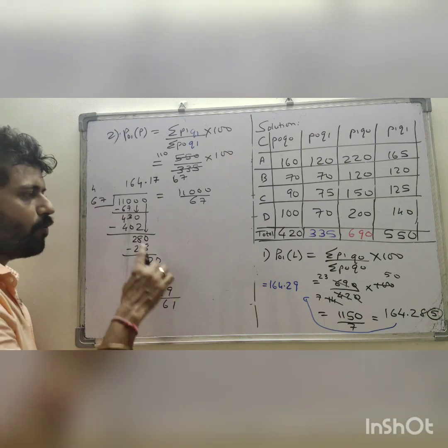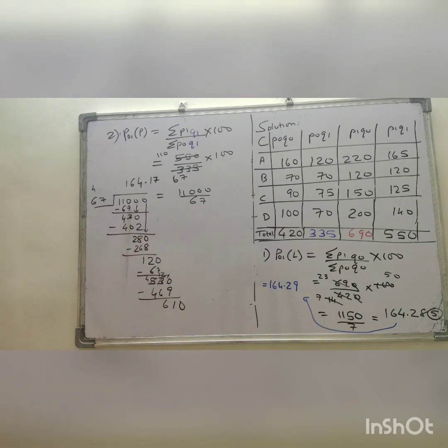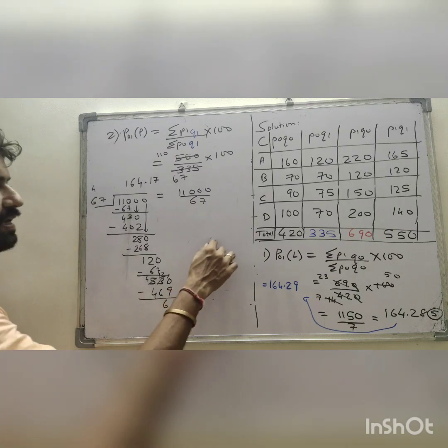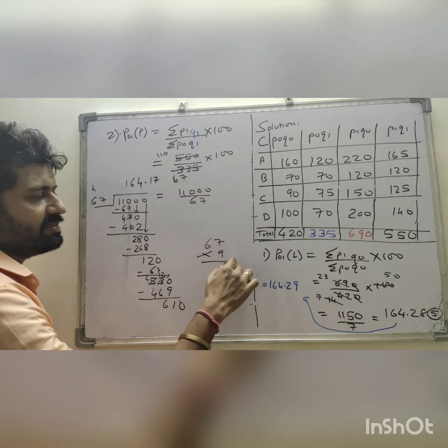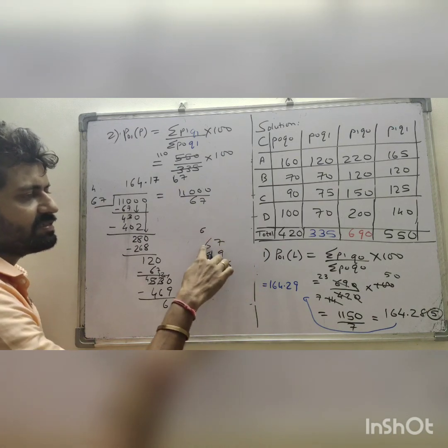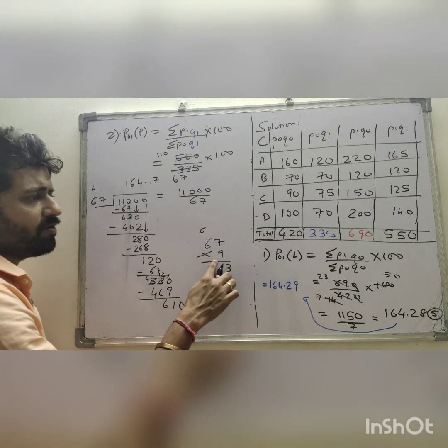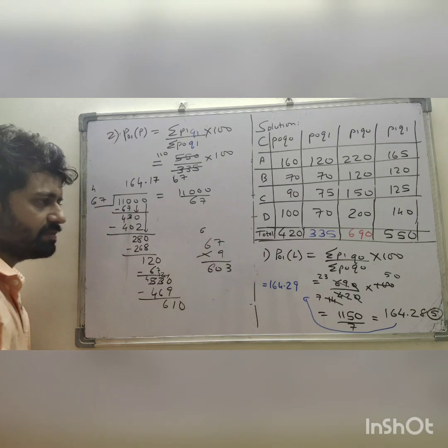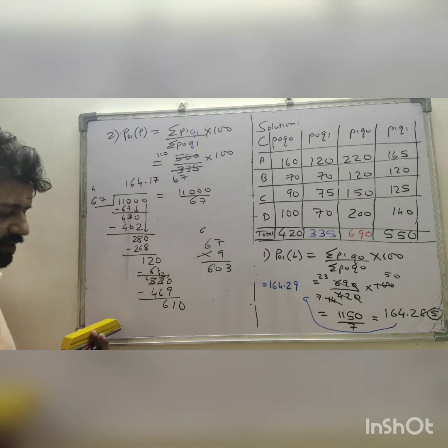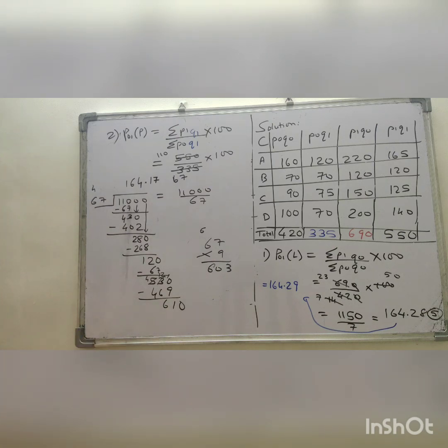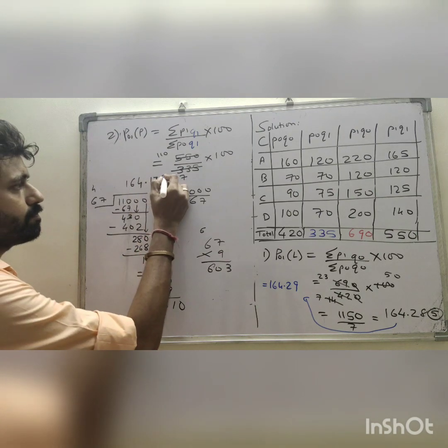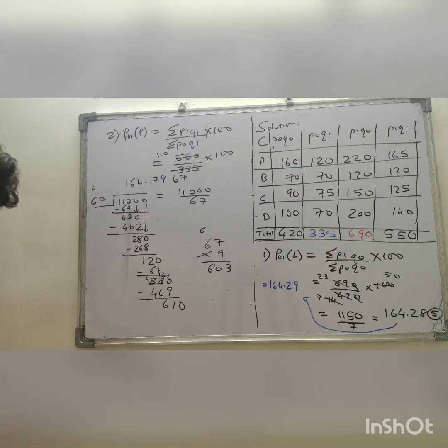We have a decimal, so use one more 0. This time, let's try 9. 9 sevens are 63, 9 sixes are 54, 54 plus 9 is 63, giving 603. Yes, this will work. We can go with 9. So here I'm writing 9 and I get 603.